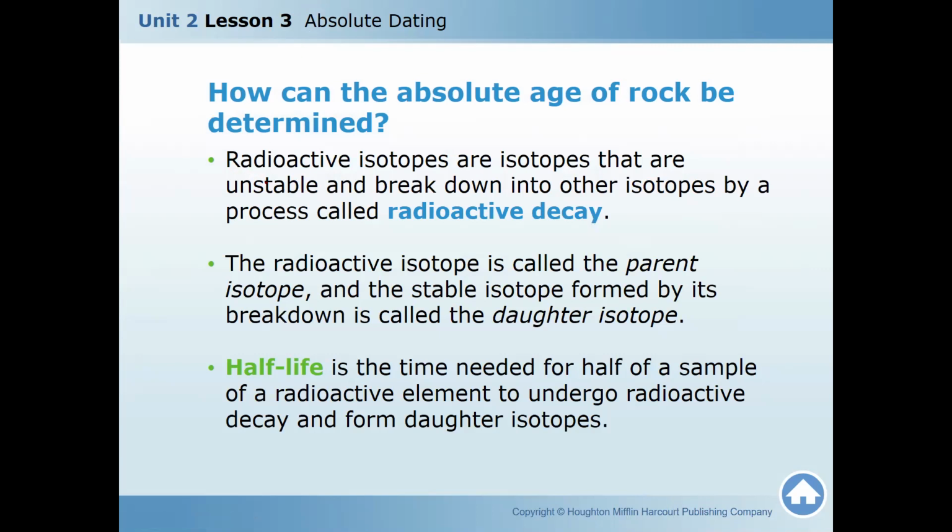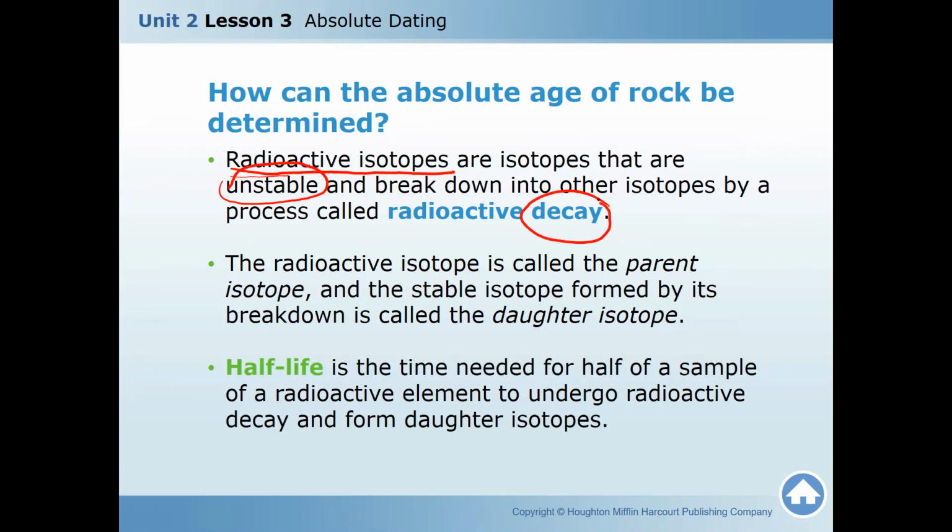Continue. Zishan, if you are there, please start reading it. Radioactive isotopes are isotopes that are unstable and break down into other isotopes by a process called radioactive decay.